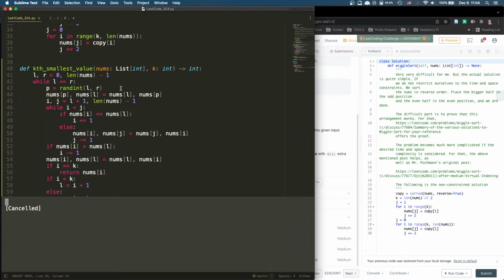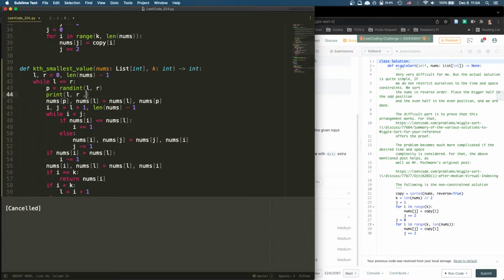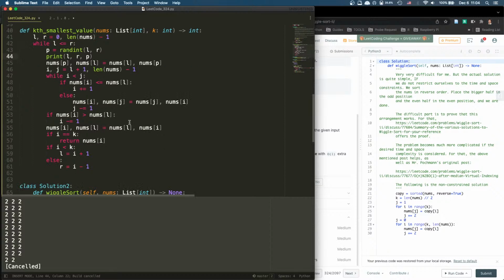And why do we have this issue? Okay, let's print L, R, and P. Just take a look. What happened? We have 2, 2, 2. For 2, 2, 2, nothing happens here. And I and J. What is J?